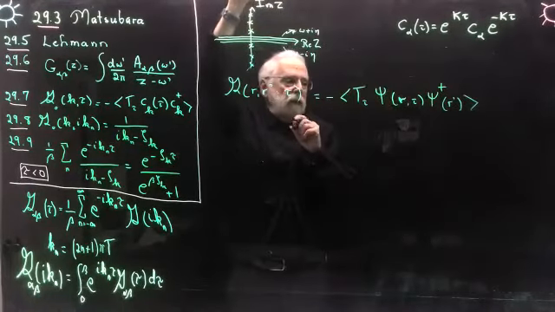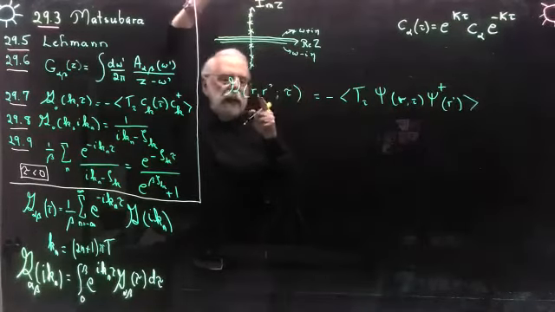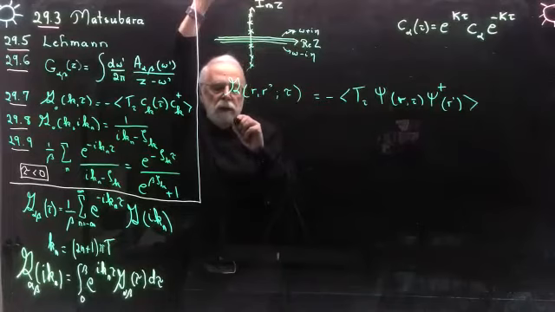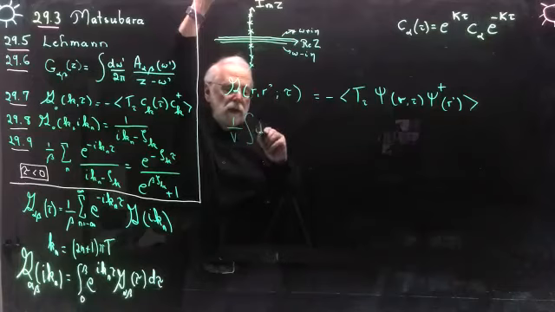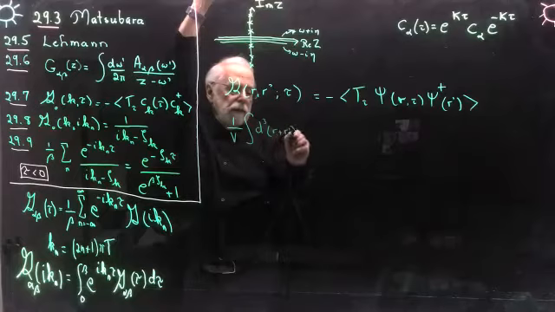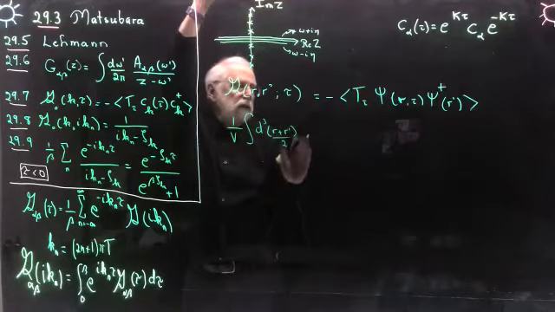Now, if we have translational invariance, we can do 1 over volume of the integral d cube of (r plus r prime) over 2. So we integrate over the center of mass. And this is really unity, because we have translational invariance.